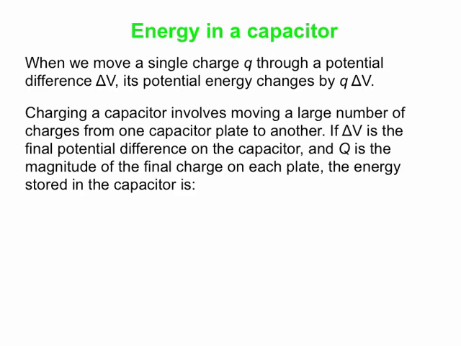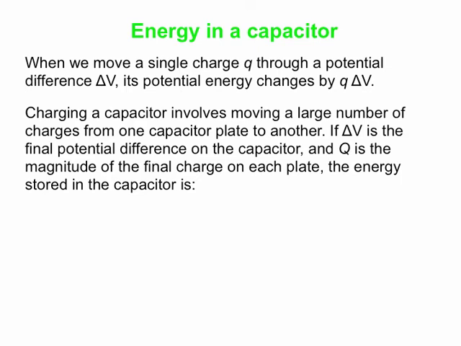And we're moving a whole bunch of charges from one plate to the other. We're moving a bunch of electrons from the positive plate, the plate that ends up positive because we're causing electrons to leave that plate, over to the negative plate. And that plate again ends up negative because electrons are arriving on it from the other plate. They're being pumped over there by the battery.